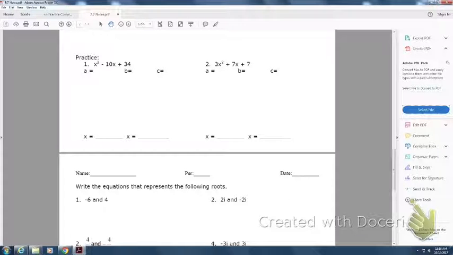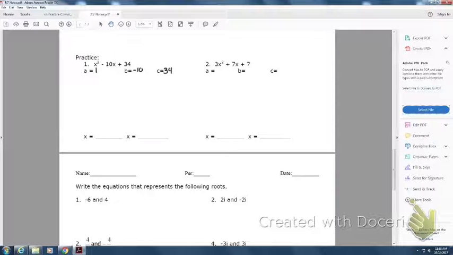Okay? So looking at number 1. Connor, what is the A value? 1. B value? Negative 10. C value? 34. Alright? So I get all that, and please write small on this part. I probably should have allowed more room for these problems.